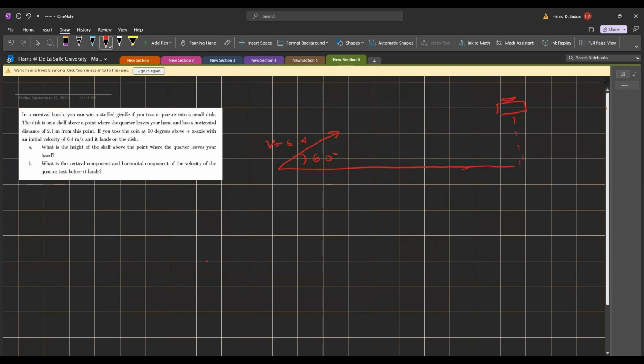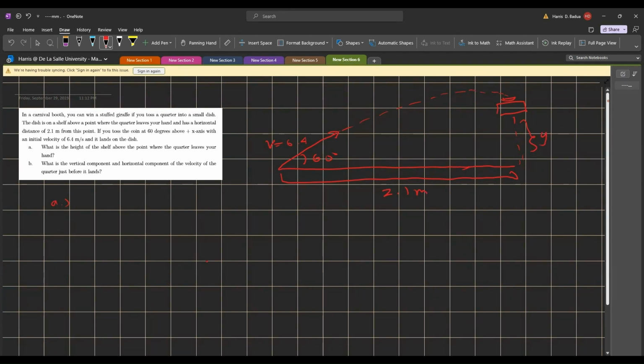Now, given this a problem na yung horizontal distance nila from here to here is 2.1 meters. And given yung 60 degrees, given din yung initial velocity. And sabi rin na pag binato natin, maglalan siya somewhere around here. Yan. So what we're actually looking for letter A is just the y, kasi ito yung height above the point of release.